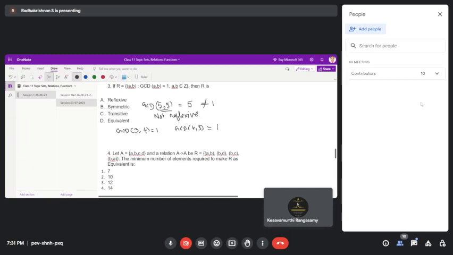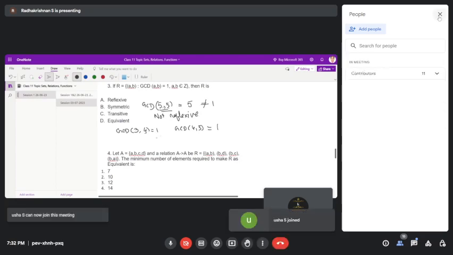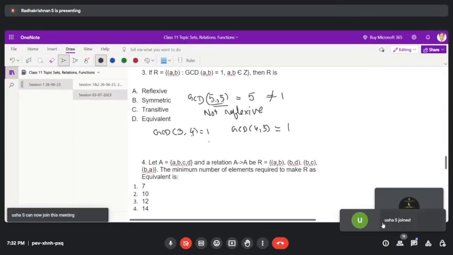So if 3 and 4 is present in the relation, 4 and 3 will also be present. Like that, any number combination that you take, if A and B is present, then B and A will also be present. So what does it prove? Is it symmetric or not symmetric? It's symmetric.